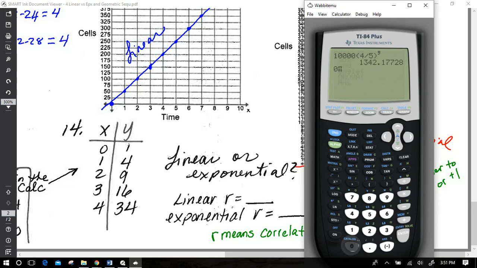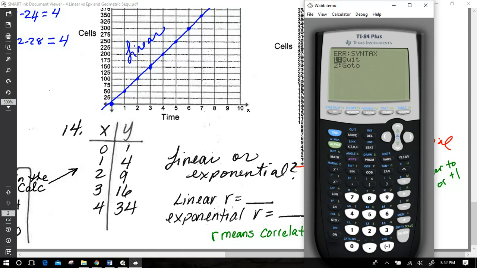Second, 0, there it goes. Go down to the D's, and then we are going to find diagnostic. There it is, diagnostic on. Go up one more. Okay, and we're going to hit enter, and then enter again.